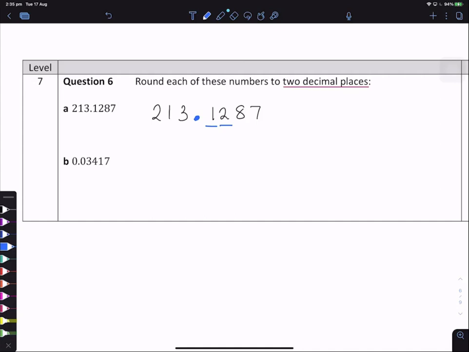Okay, but do we just write then, therefore our answer will be 213.12? Does anyone agree there? Because that's to do 2 decimal places, yeah? Does everyone agree with this answer here? Should I move on?